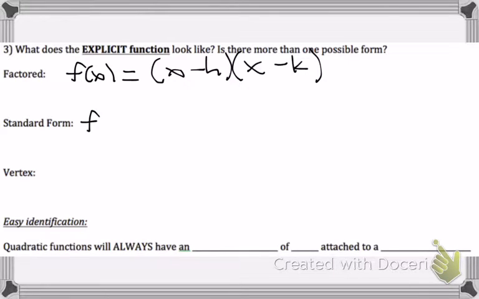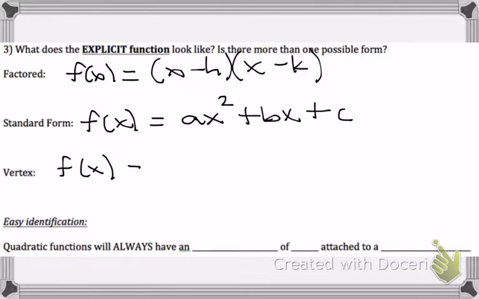Standard form is f of x equals ax squared plus bx plus c.